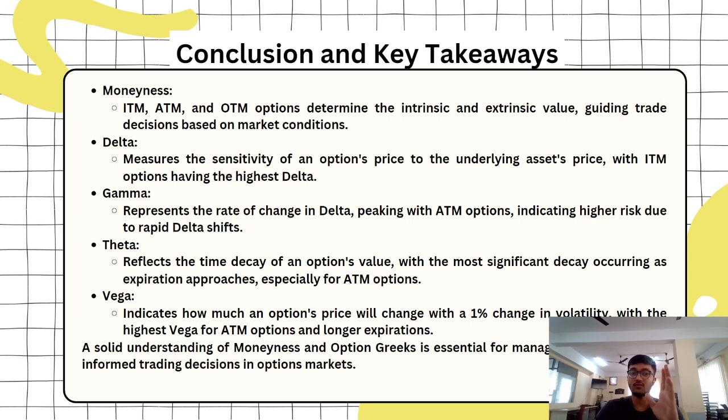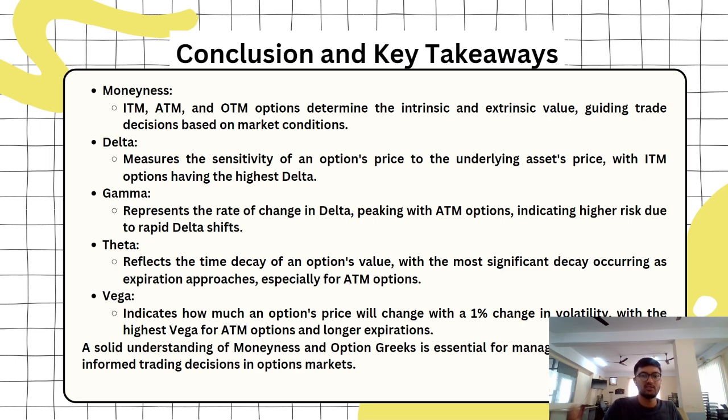It is very low compared to out of the money and in the money, indicating higher risk due to rapid delta shift. So if the markets move in a specific direction, because ATM options have the highest gamma, the chances of you making a lot of money and losing a lot of money are very quick.